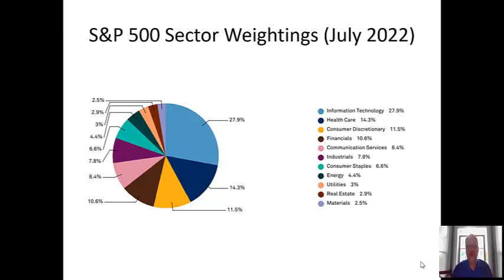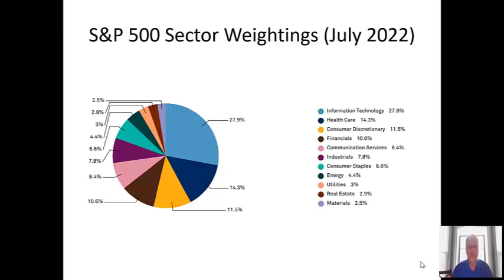As of July of 2022, the S&P 500 sector weightings were as shown, with by far the dominant sector being information technology at around 28%, followed by healthcare at 14%, consumer discretionary at 11.5%, financials at 11.6%, on down with the other GICS sectors of communication services, industrials, consumer staples, energy, utilities, real estate, and materials being in lower weightings.